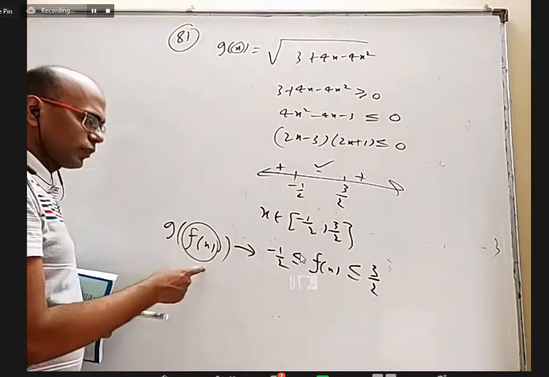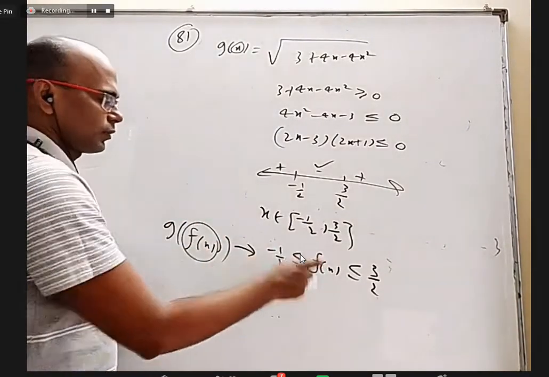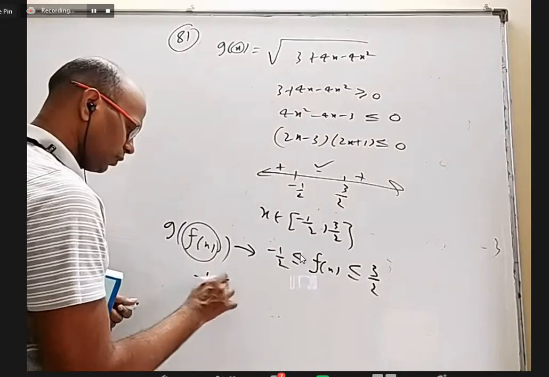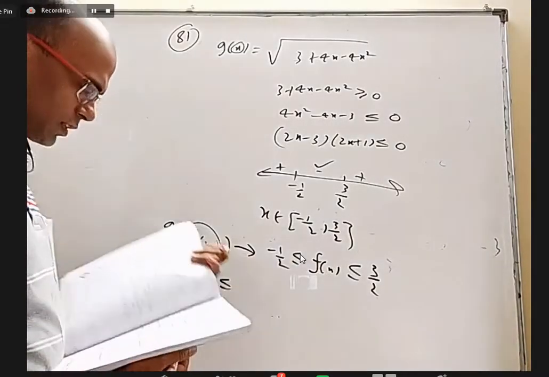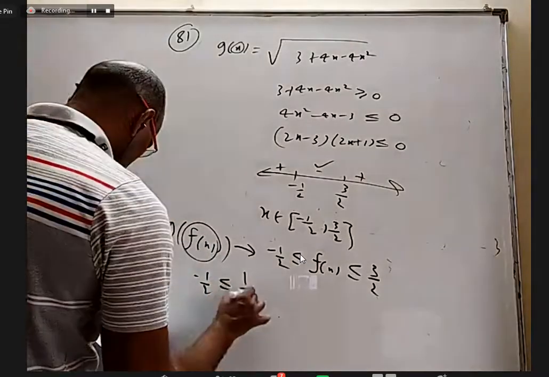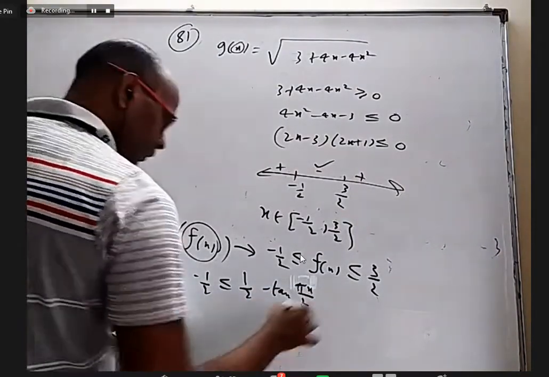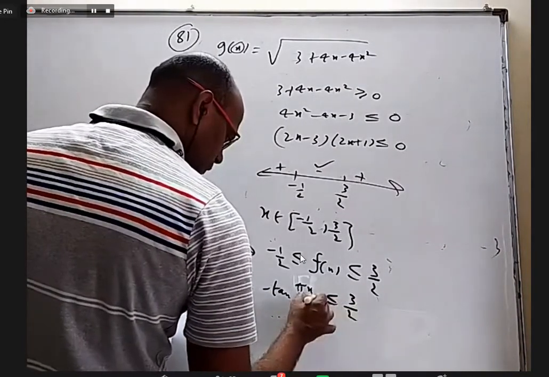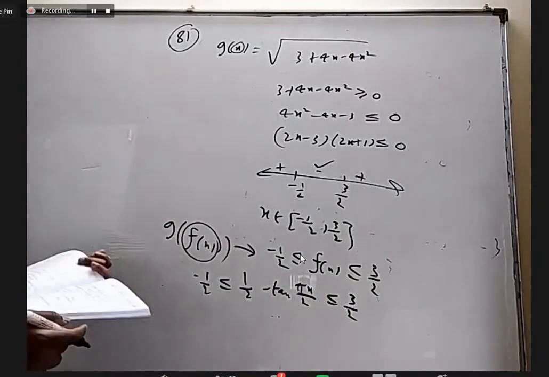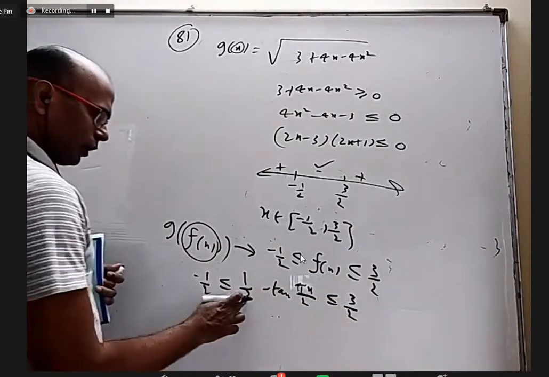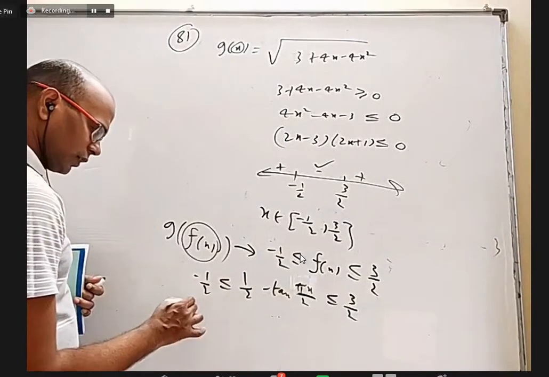If you want g of f of x, even the f of x value should lie between that. So minus 1 by 2 less than or equal to, what is f of x here? Minus tan pi x by 2, less than or equal to 3 by 2. Now I'll subtract 1 by 2 everywhere.